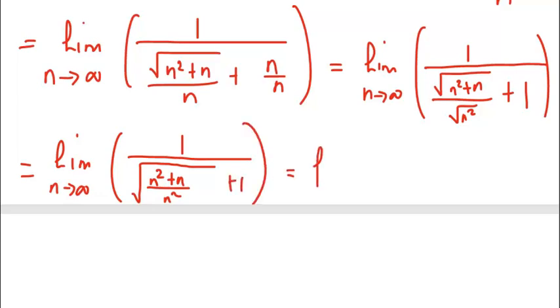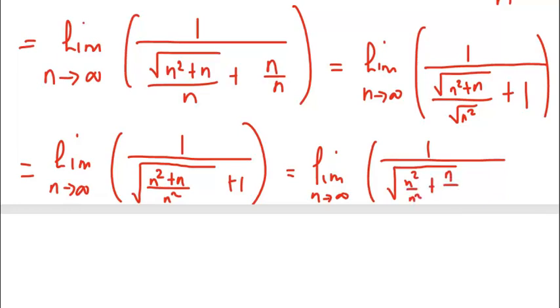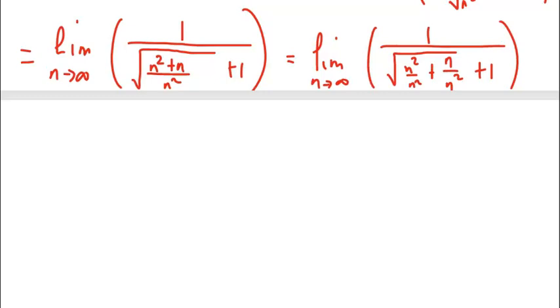So this is going to be equal to limit as n is approaching infinity. So here we have 1 divided by, so here we have the square root. So split that denominator, we get n squared divided by n squared and then plus n divided by n squared. And here we have plus 1. So here this is equal to limit as n is approaching infinity.